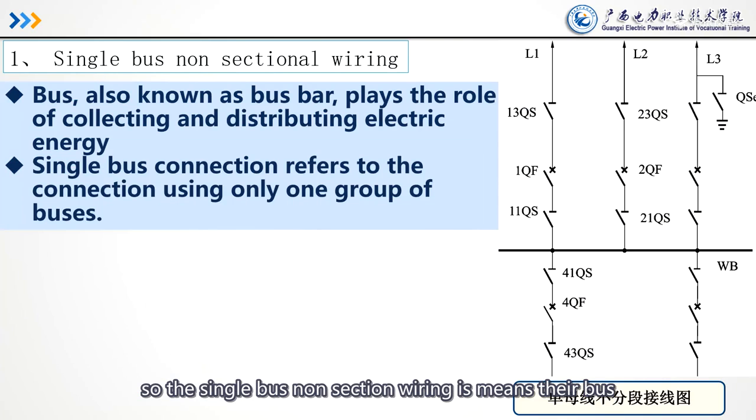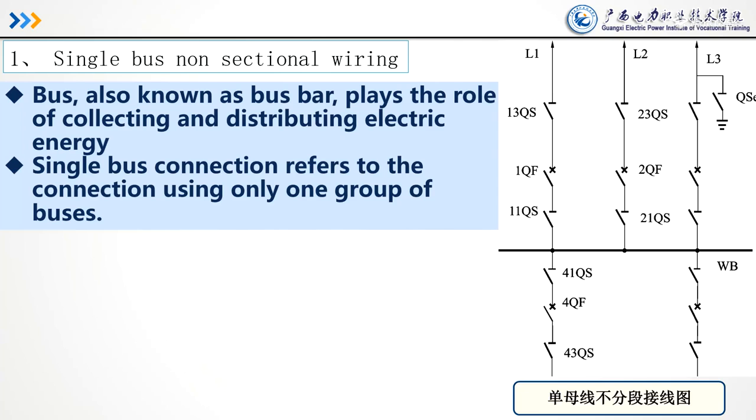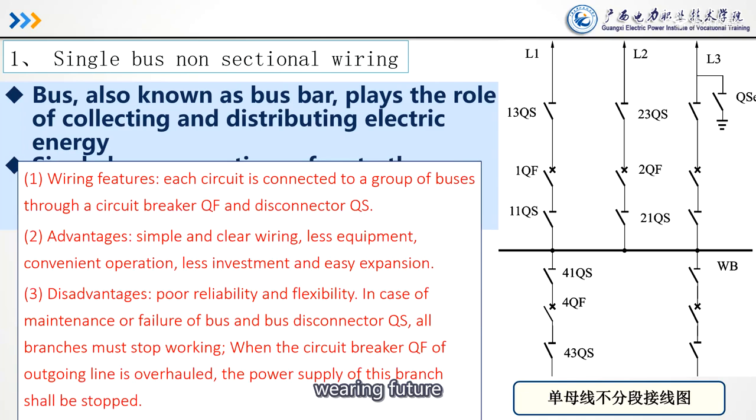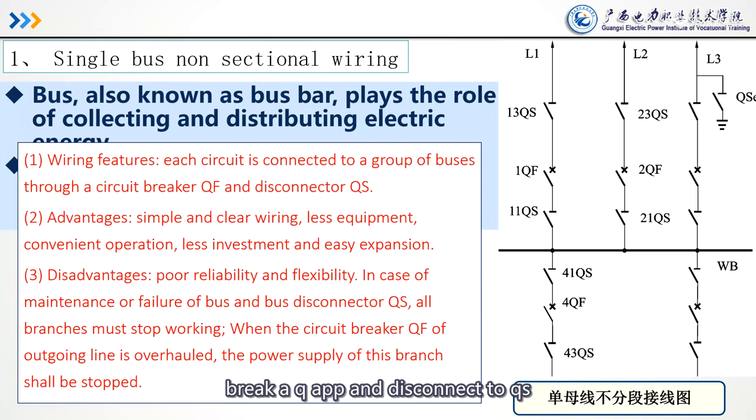The single bus non-section wiring means that the bus, also known as bus bar, plays the role of collecting and distributing electric energy. Single bus connection refers to the connection using only one group of buses. Wiring feature: each circuit is connected to a group of buses through a circuit breaker QF and disconnector QS.